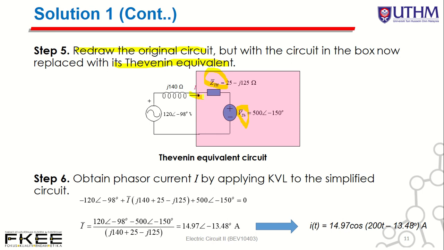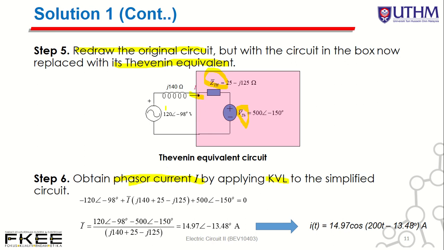Now you have a series circuit, so it is easy for you to determine the current. You can determine current I by applying KVL.